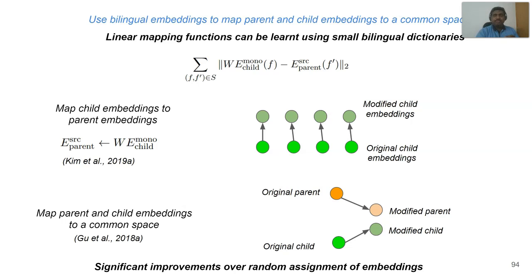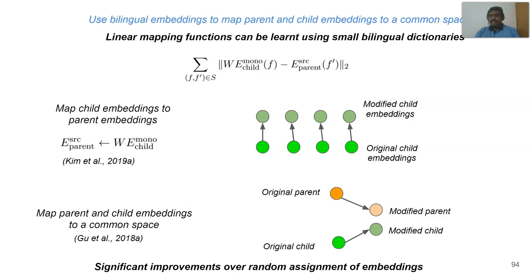So what we can also do is look at the literature on learning bilingual embeddings, wherein we start with monolingual embeddings for two languages and a seed bilingual dictionary, and we can learn a linear mapping function which can transform embeddings from one language to the other.